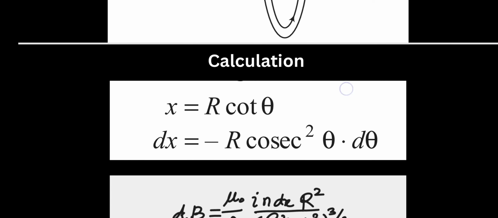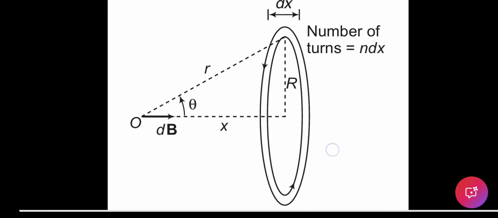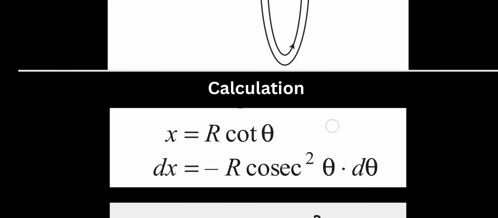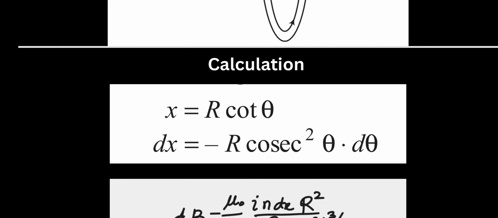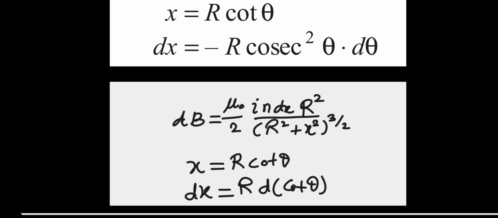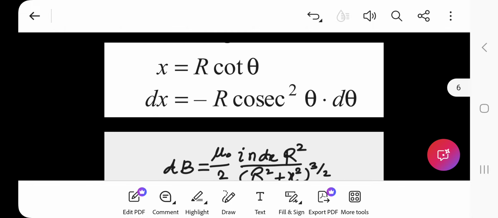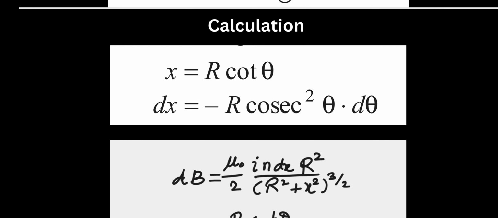Now the calculation. From this figure we get x equals r cot theta. After differentiation, dx equals r d cot theta, because r is constant, and d cot theta is minus cosec square theta d theta. So we find dx equals minus r cosec square theta d theta.